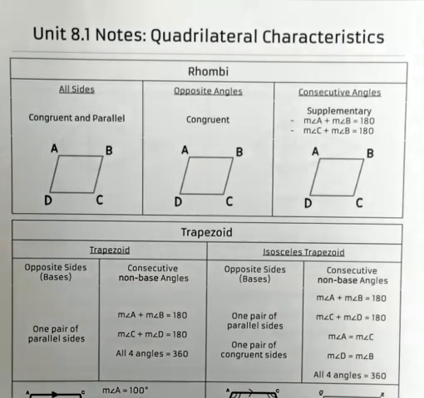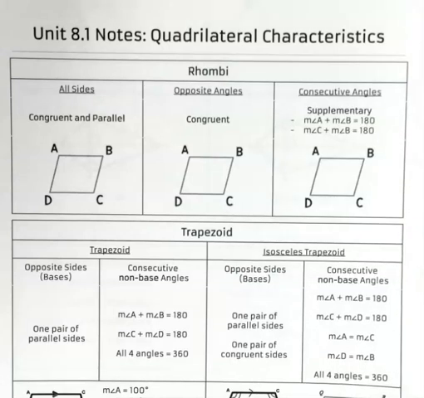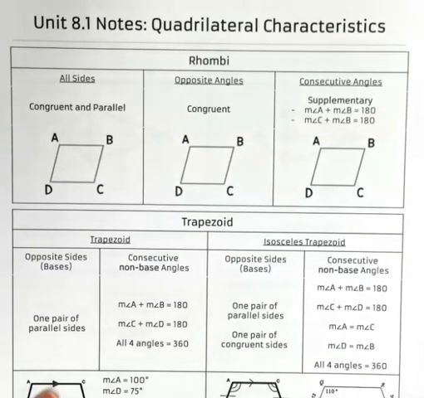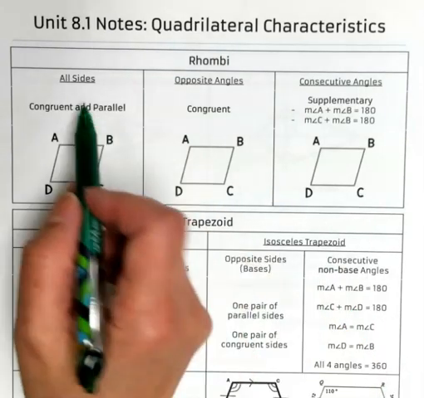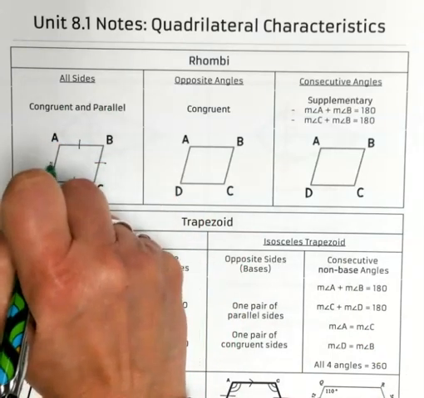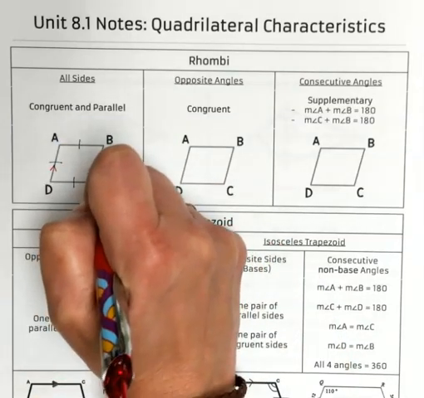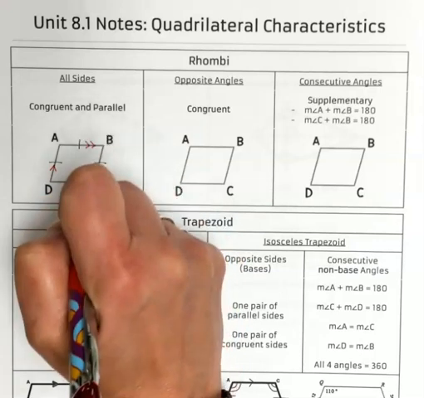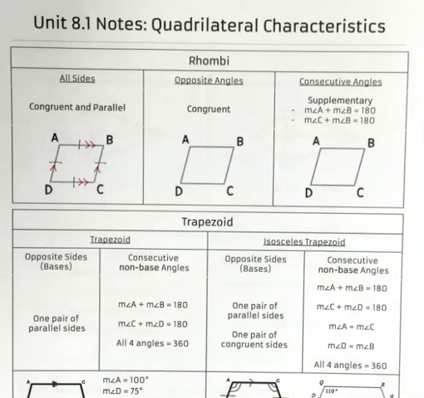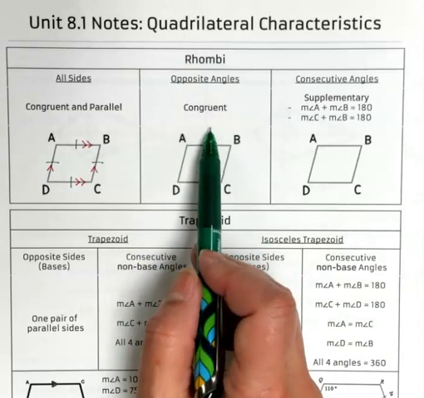Going on to our next quadrilateral, we're going to look at a rhombus, plural rhombi. Again, subgroup of a parallelogram. In a rhombus, all sides are congruent. So very similar to your square, opposite sides are parallel. But the difference between a rhombus and a square is that your opposite angles are congruent.